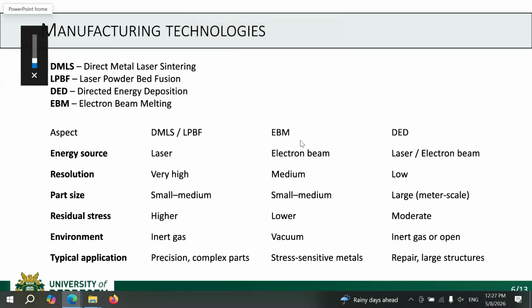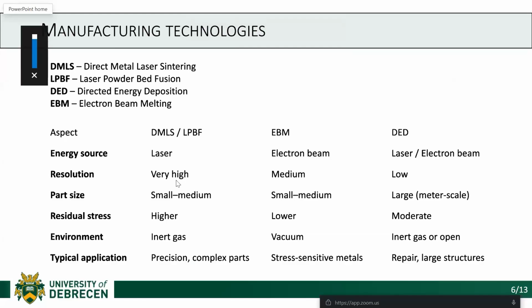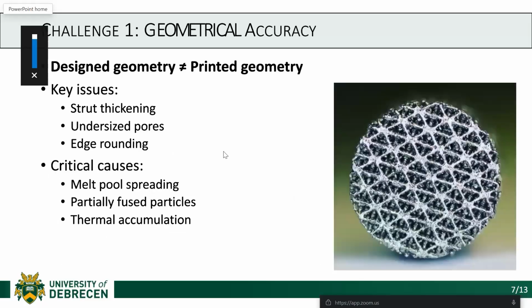Okay, so comparing these kinds of technologies, we can see that the powder bed fusion or direct metal laser sintering are the best technologies for manufacturing lattice structures because of the very high resolution capability of these technologies.